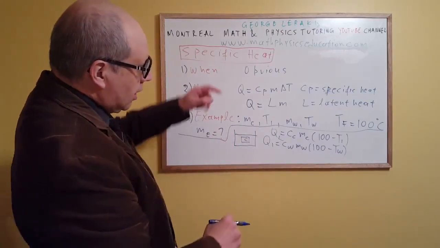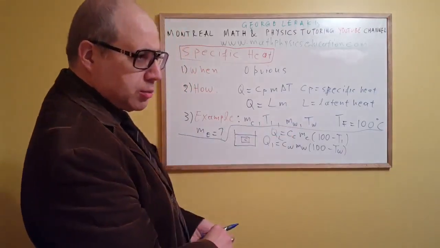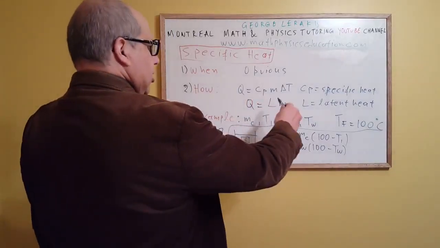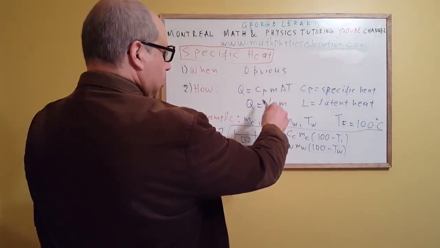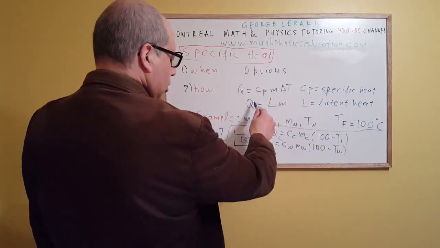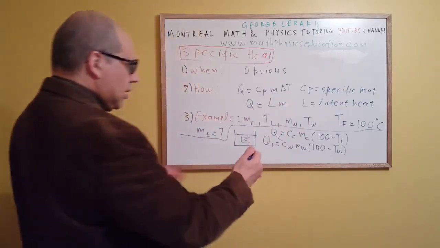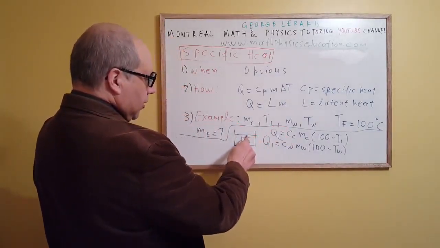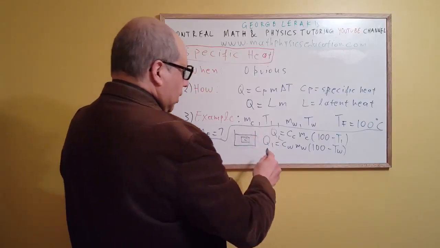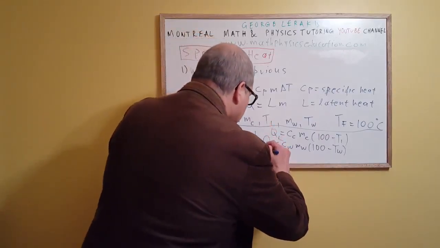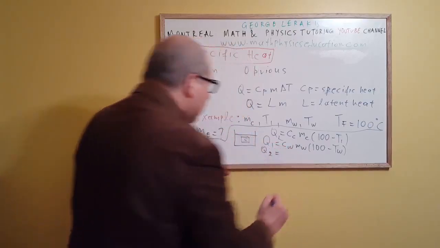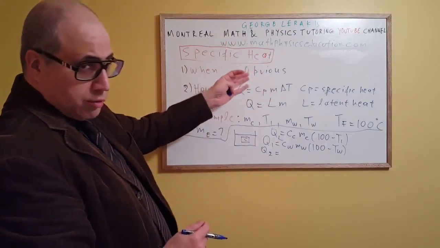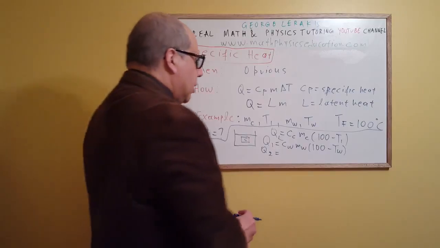And now, once it gets to this temperature, it will start boiling, so it will start to evaporate. So that means that it's changing state, so we have to use the formula for when the material changes state. That means that some other part of the heat that is released from the copper will go in order for the water to change state, to go from liquid to vapor.